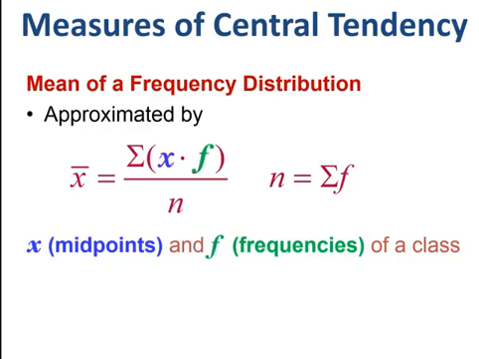So you're going to find the midpoint for each class, and then you're going to take the frequency and multiply it to each midpoint. And then you divide by the total number of data pieces. So that's how you're going to find the mean for the frequency distribution.